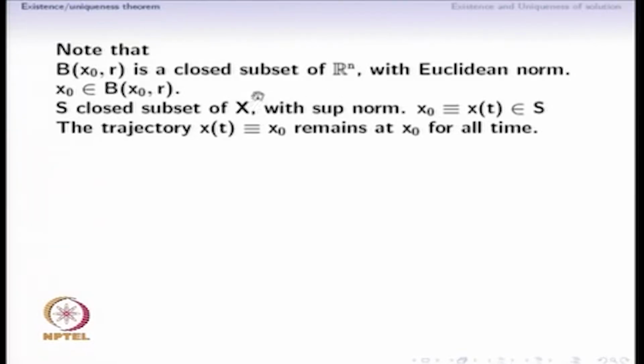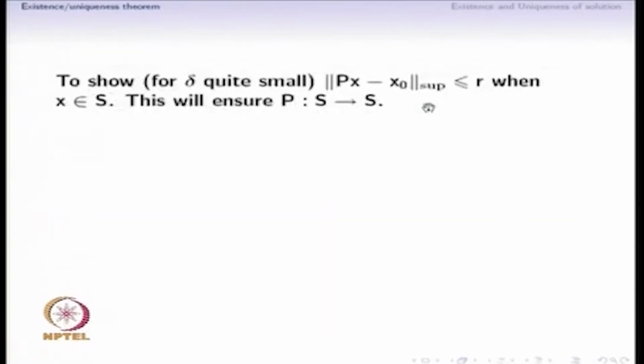Because we are dealing with these two norms, it is very important to be careful about which norm we use at each place. So, for this subset S, we have this particular function x of t which is always equal to x naught. Always equal meaning, as time t varies from 0 to delta, x of t is the constant function equal to x naught.